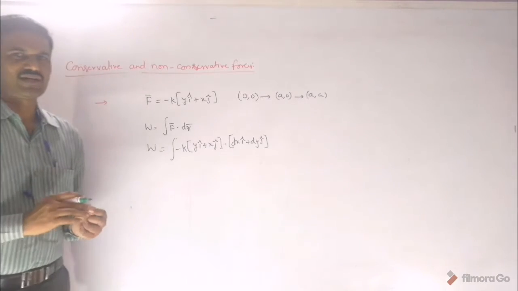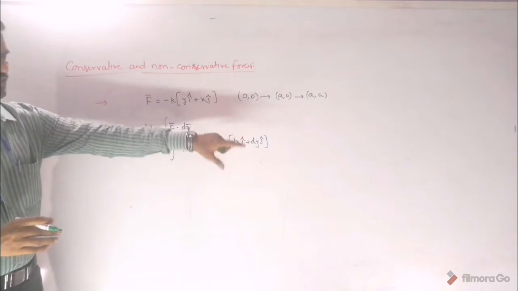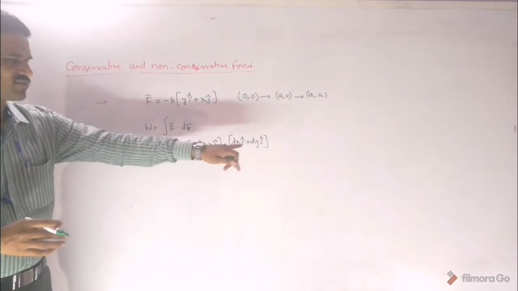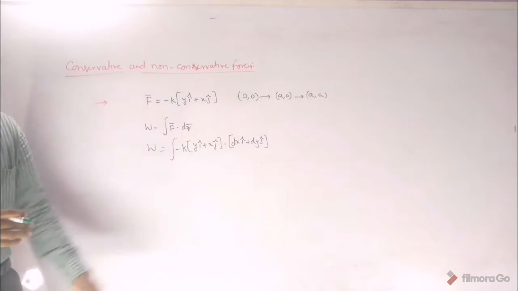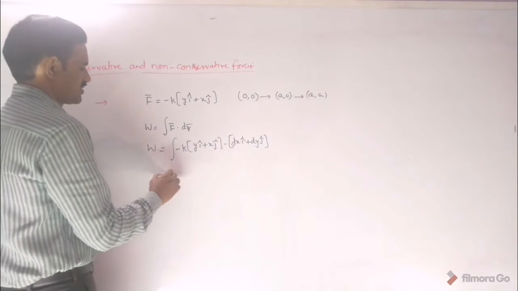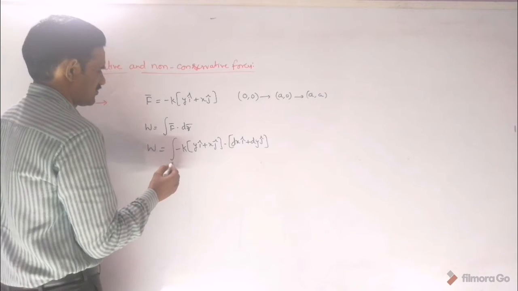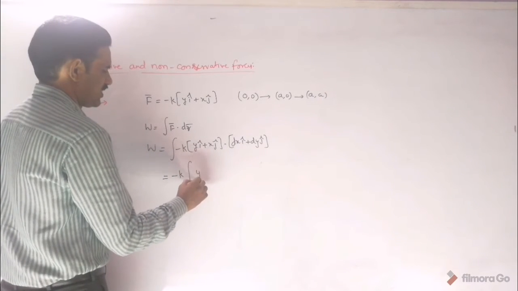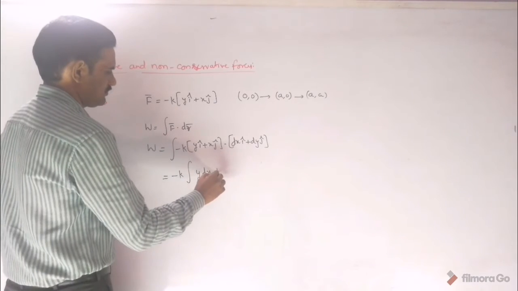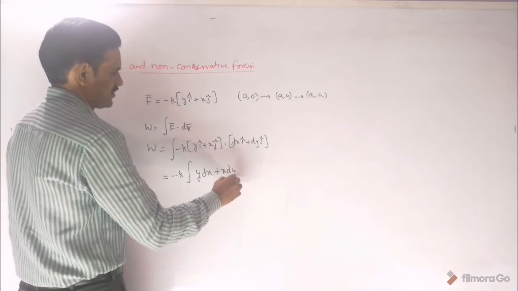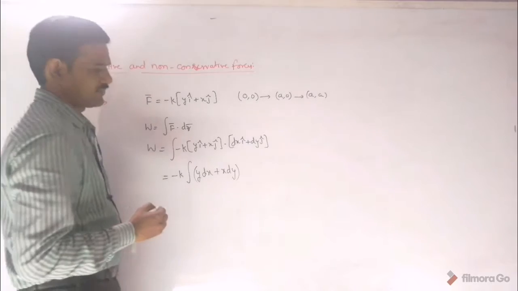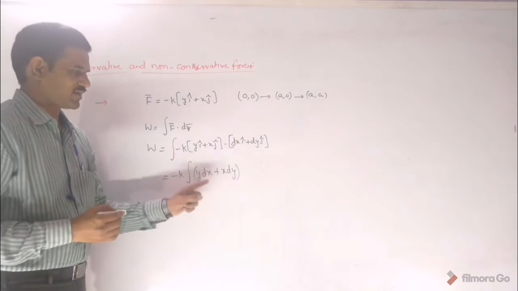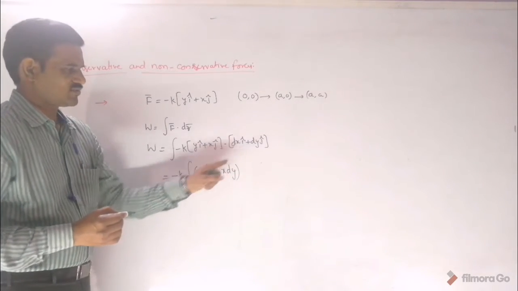You may consider the z component also, but here x and y only are there, so the z component is not required. Then we can write y into dx plus x into dy. Is it clear? After the dot product, I am writing y into dx and x into dy.